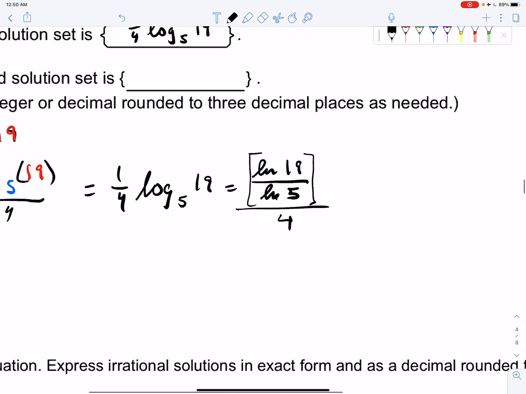You get the same answer either way. When I approximate this, I got about 0.457.